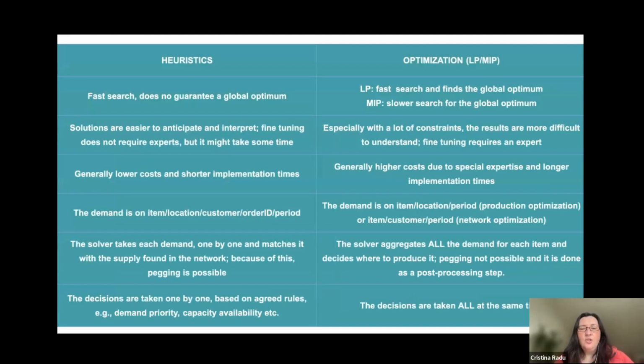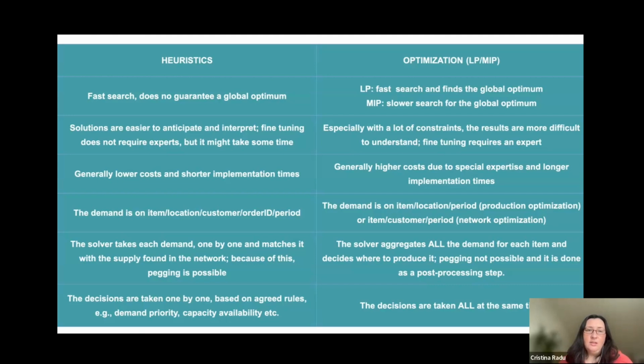And here, a general comparison between heuristics and optimization. In the optimization, I included the LP and the MIP. On the top, we have general remarks, and on the bottom, supply chain in particular. What is the difference when you use a heuristic to balance demand and supply, and when you use a linear programming to balance demand and supply?